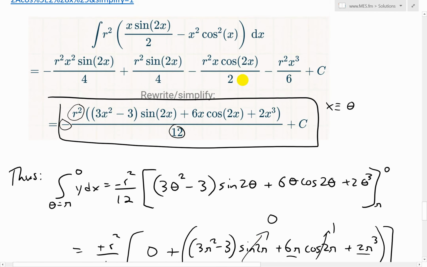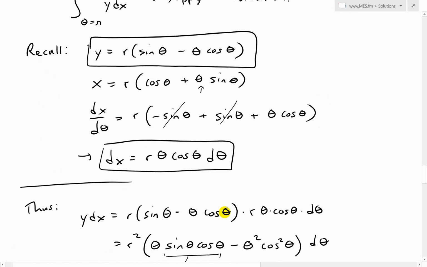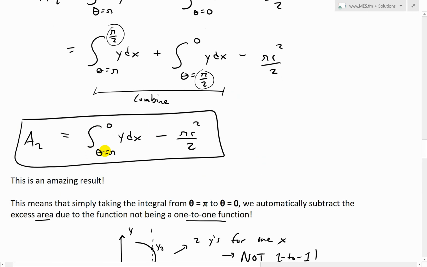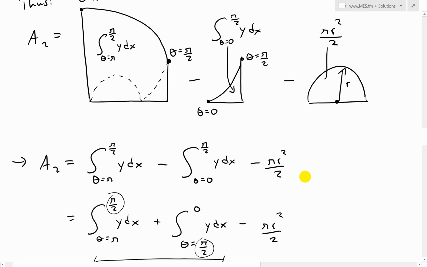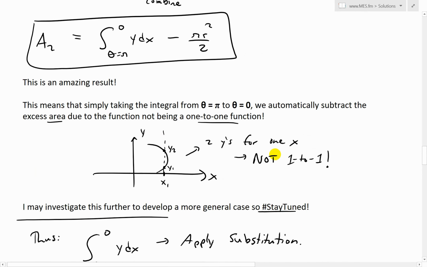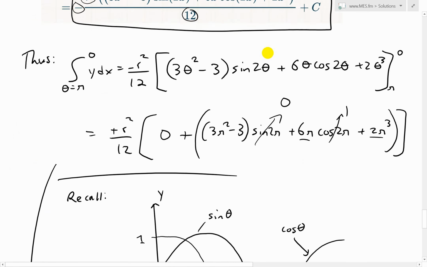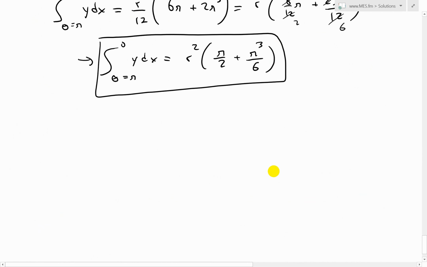So now the next step is to finally solve what area 2, or A2, is. What this is, is this giant integral minus pi r squared over 2, or half of the circular silo's area. So let's go back here.